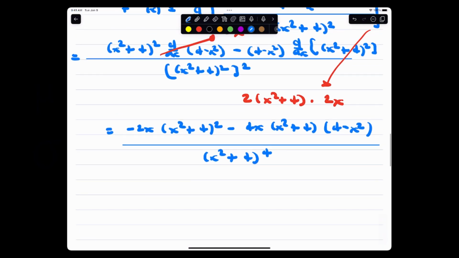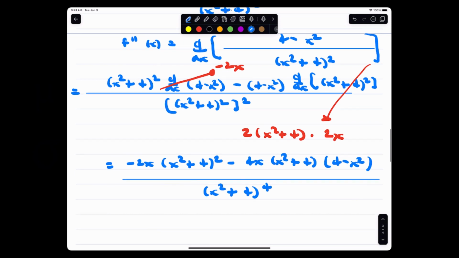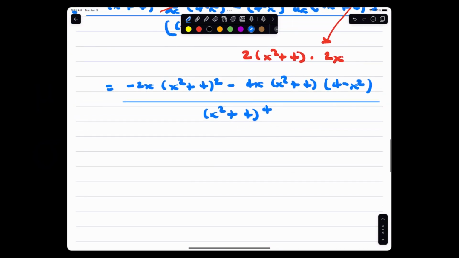Double check to see if I did this correct. 2, 4x. Okay. Now I'm going to factor out the greatest common factor here. Right, we're going to do this term by term. So the greatest common factor is going to be, I'm going to take out the negative 2x times (x squared plus 4). This is to the 1st power. Always take out the smallest power.